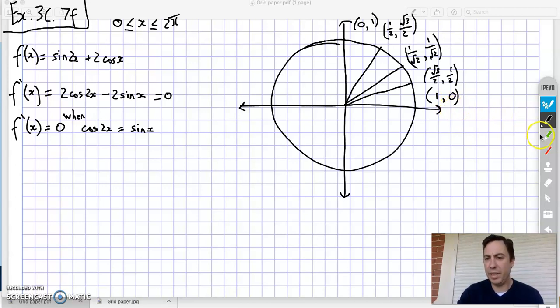Now we need to find by inspection. If we have some angle x in the circle, and then we sine it, we need to get the same answer as if we took that same value, doubled it, and then did the cosine.